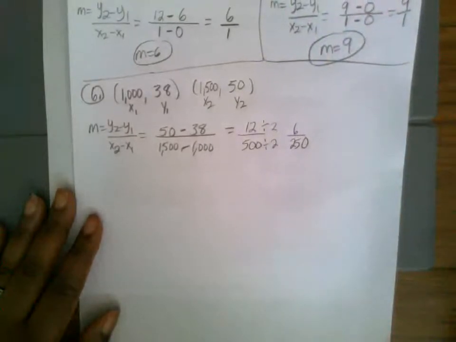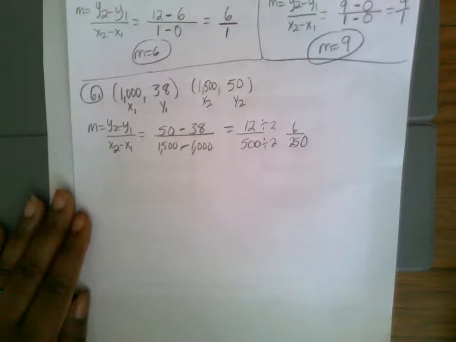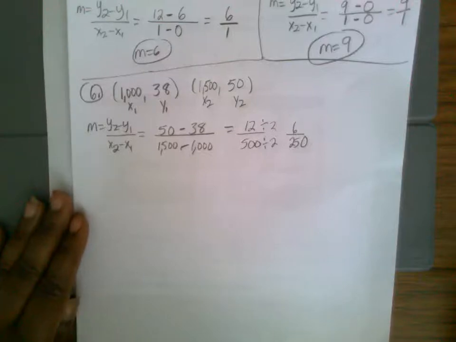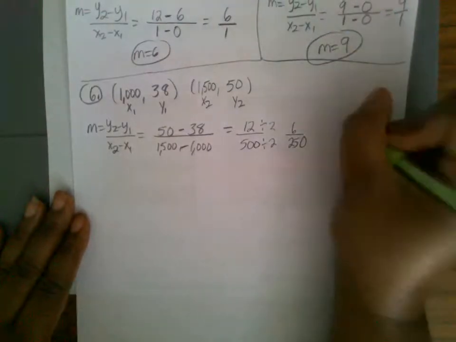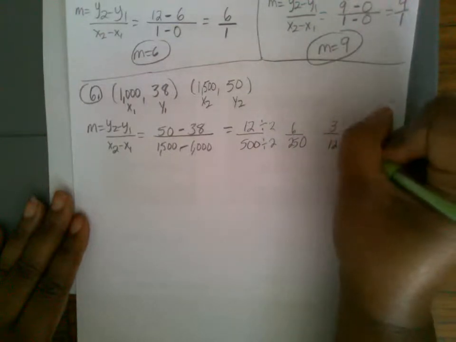Let me see if I can do this on the calculator, because you can actually reduce this some more. So I'm going to show you. I wish you could see this. I'm not sure that you can, but you can type in your calculator the 12 divided by 500. You can press the math button and then enter 2 times, and it will give you a reduced fraction, which of course your reduced fraction is 3 over 125.